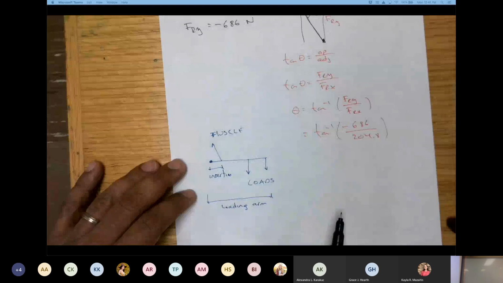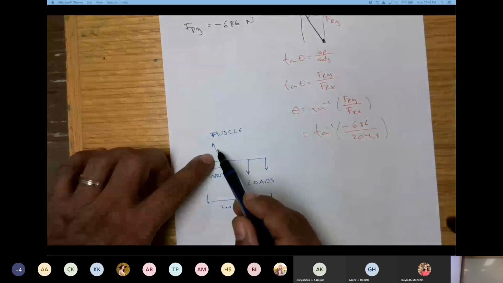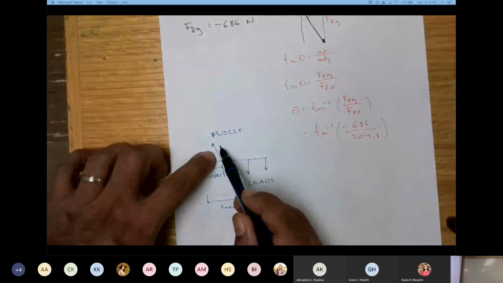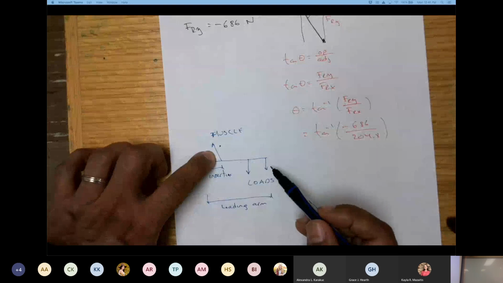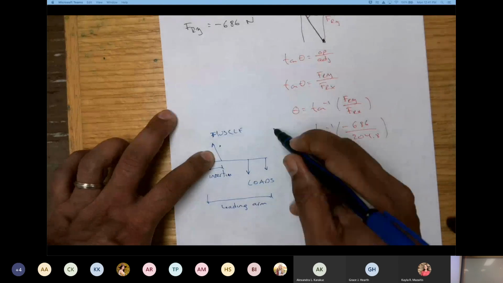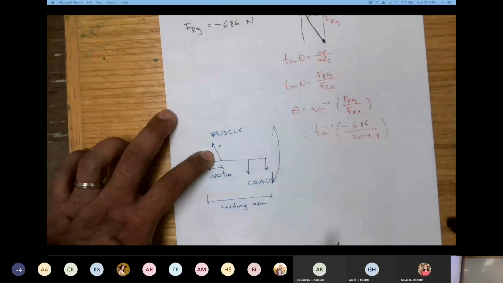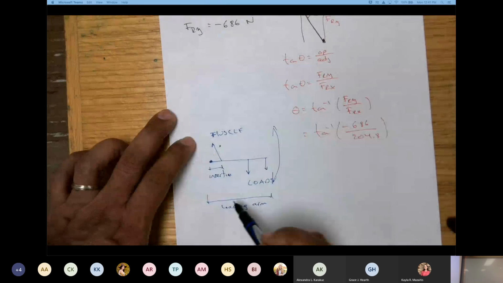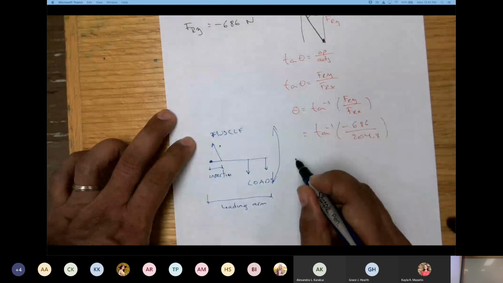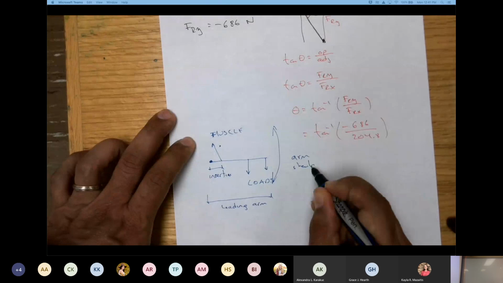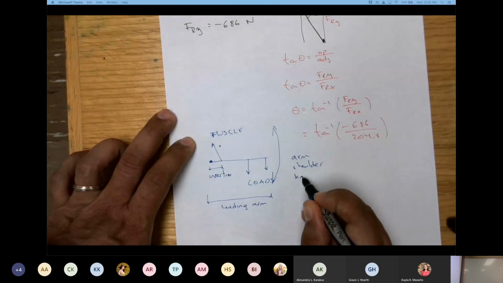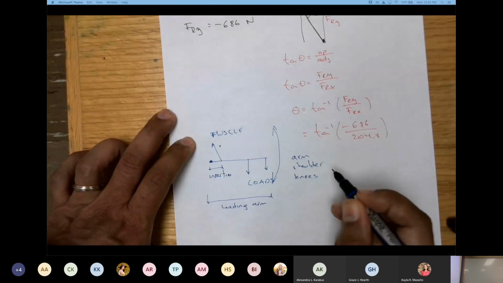Again, you're going to have a really big load on your muscle compared to the value of the object that you're actually pushing or trying to move. And you do that so you can have a big range of motion. So this is a very common configuration, again, for your arm, your shoulder, your knees.